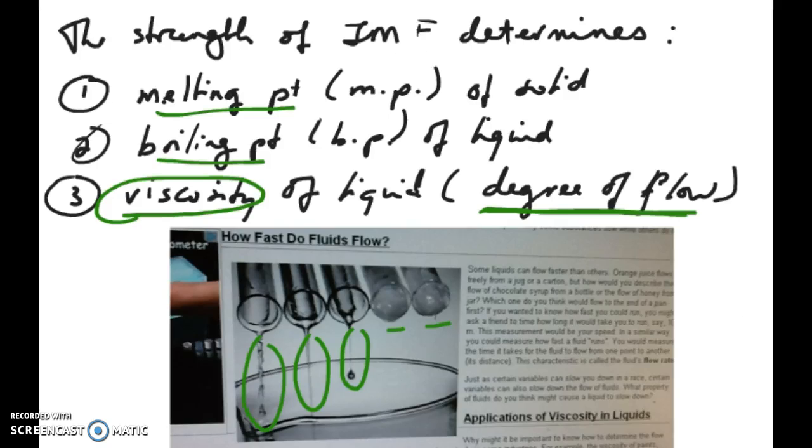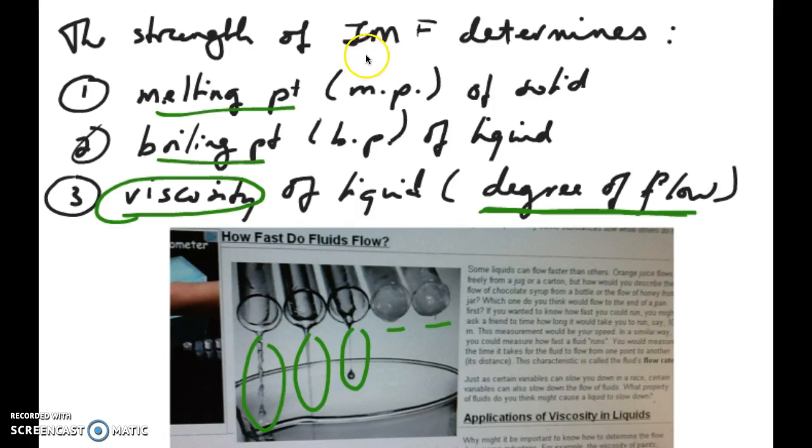The last point I want to make in this video is just to talk about the fact that intermolecular forces are really important because they determine whether something is going to be a solid, liquid, or a gas, right? If you have a strong enough intermolecular force at a given pressure and temperature, your substance is going to be a solid or a liquid. If it's not strong enough compared to the temperature-pressure combination, then it's going to be a gas.